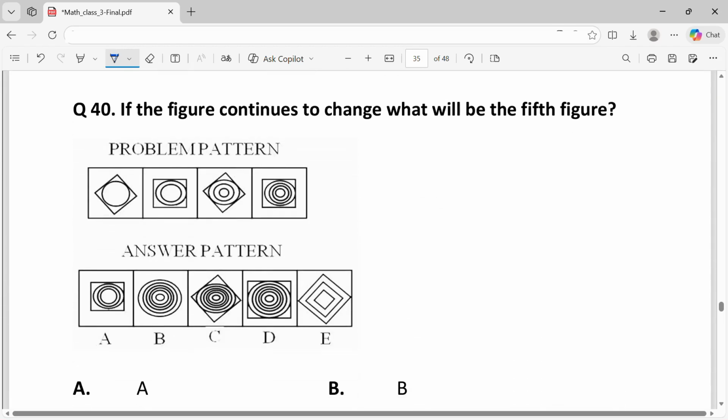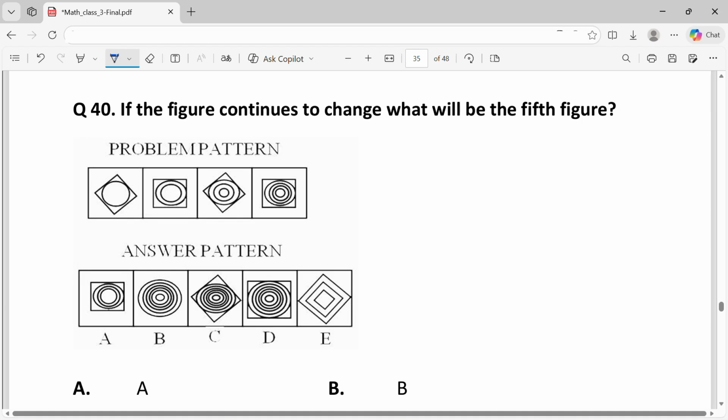Question 40. If the figure continues to change, what will be the fifth figure? We can see in the first figure there is a square inside which is one circle. In the next there are two circles, then three circles, and the fourth circle. And the second pattern we can see in the first, the square is placed diagonally.